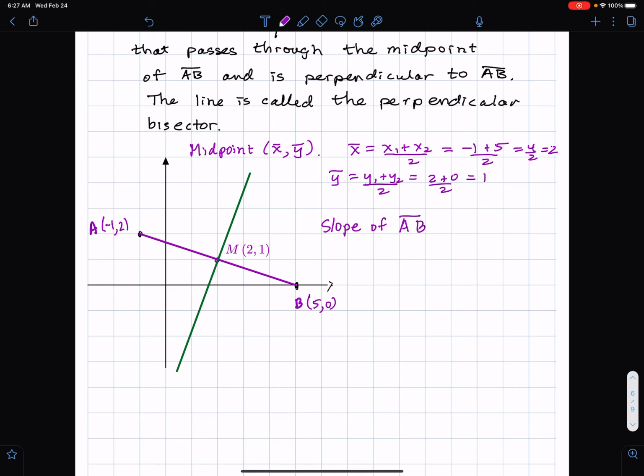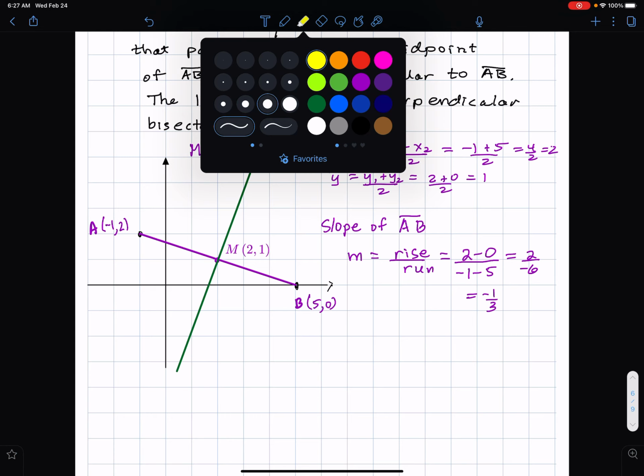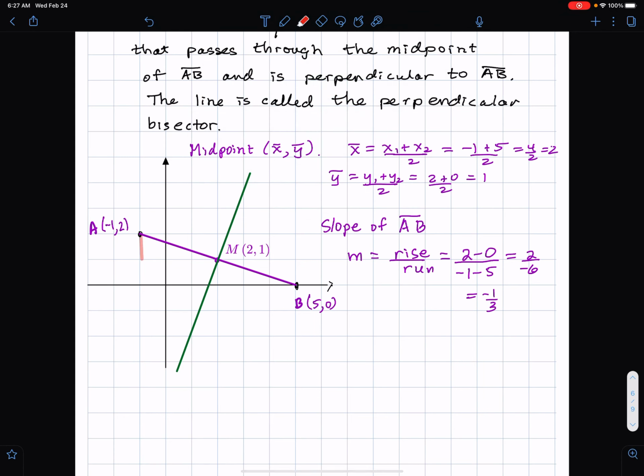I feel a little uncomfortable writing the slope of a segment, but still I think it's okay. So m is going to be the rise over run. We'll take the difference in the y values, 2 minus 0, and then divide by the difference in the x values, that's -1 minus 5. So we have 2 over -6, which is -1/3, and we can see from what I've drawn here that we go down by 1 and over by 3.